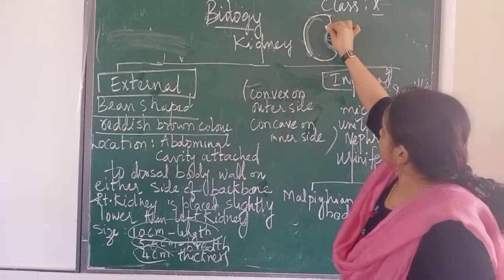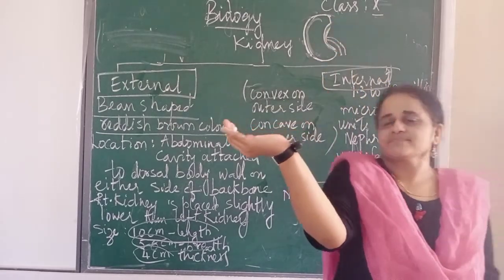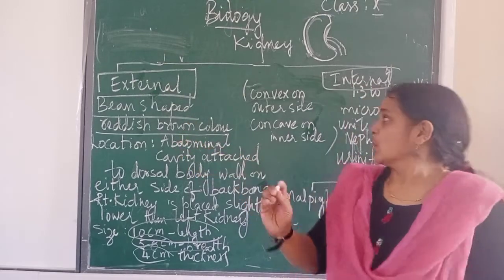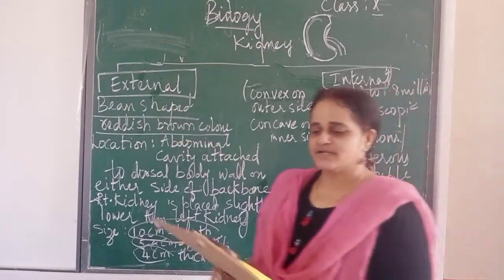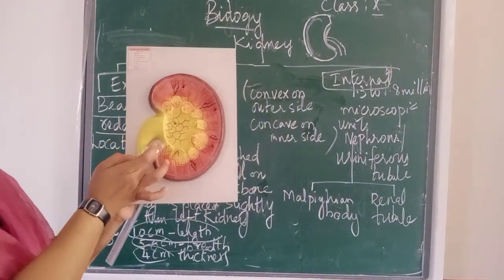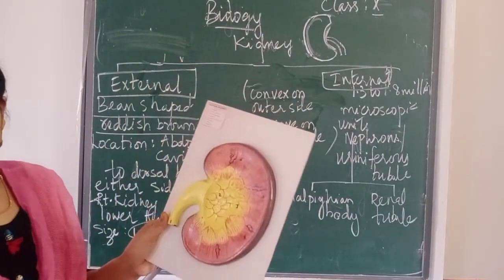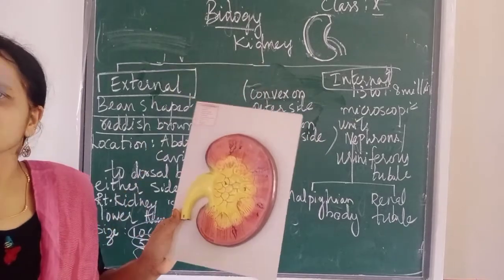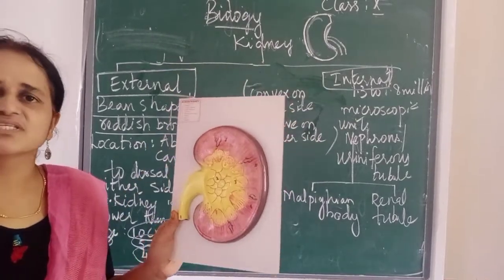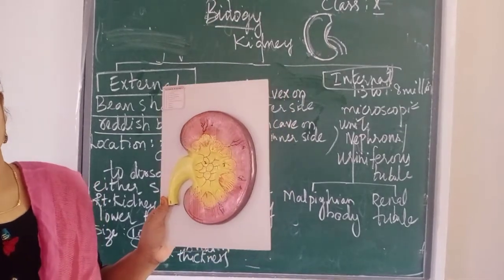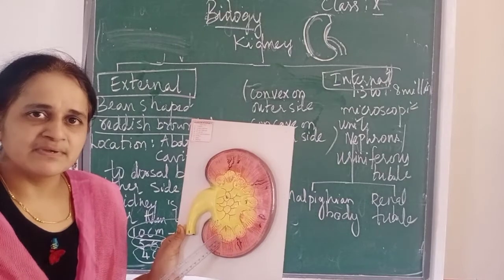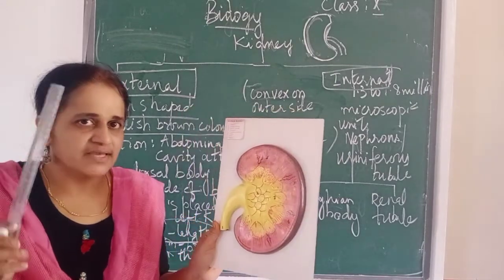And when we go to the inner side, which type of mirror or lens is it? Concave. So kidney on outer side is convex, inner side is concave. So these are all characters you must remember for external features of kidney. Did you all get the point to remember about kidney? So now remember children, today is Saturday.